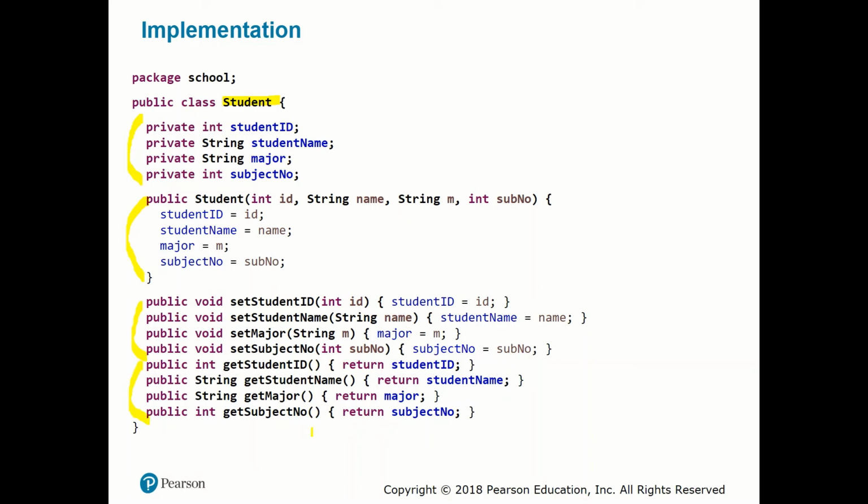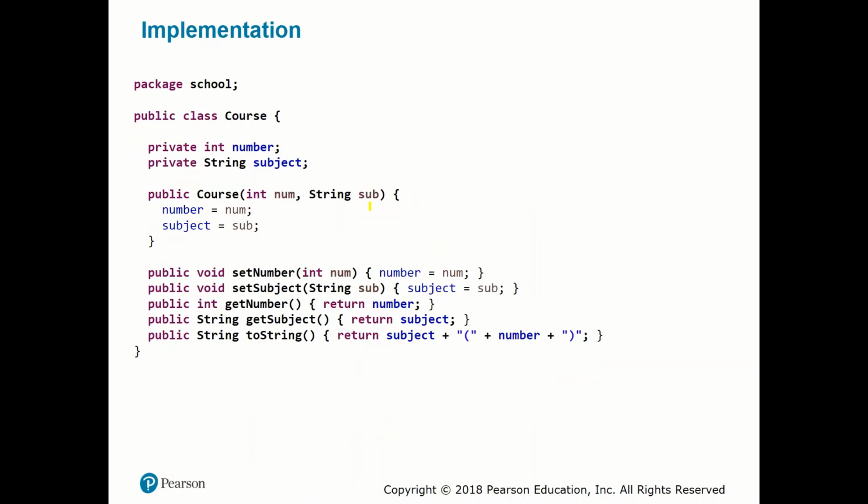Okay, usually we have these members in the class. And this is the course class. The course class also has 2 attributes, a constructor, setter methods, getter methods, and usually we have a public String toString method like this. Okay, public String toString method.